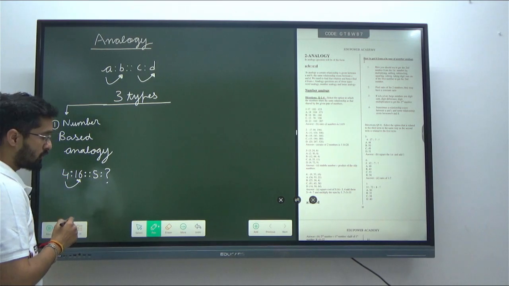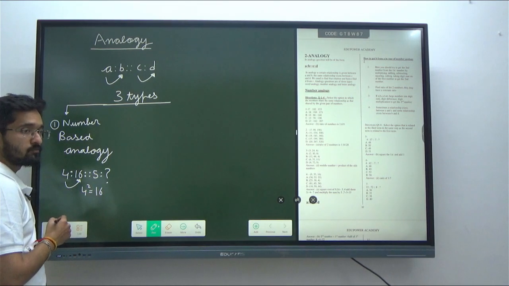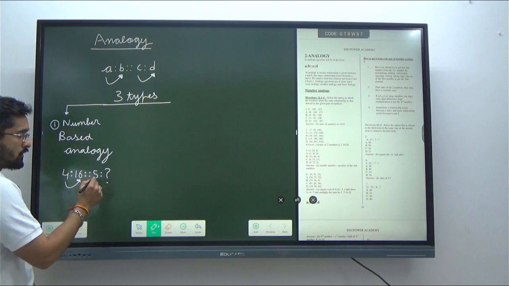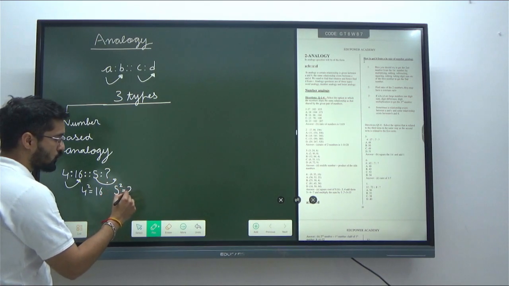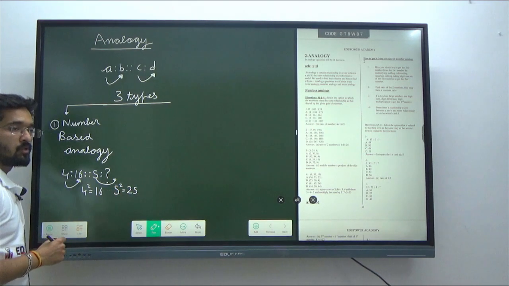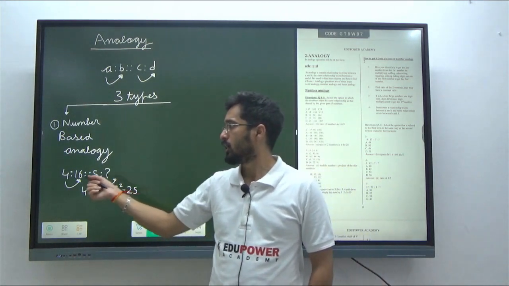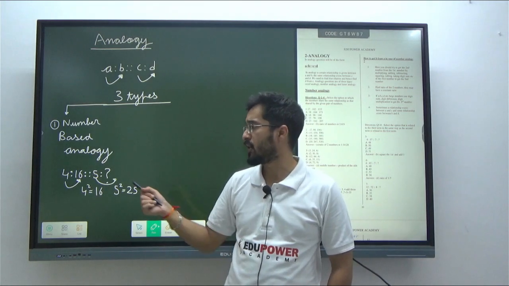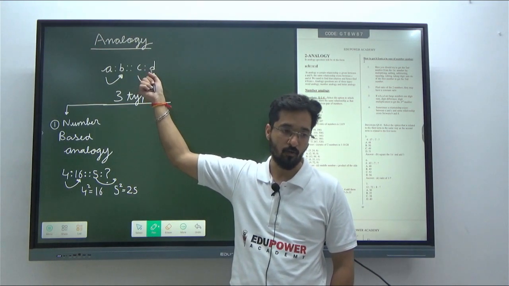We can say that 4 square is equal to 16, so what should come in place of the question mark is 5 square, which is 25. In questions on number analogy, numbers are given to us and we have to find the value of D.